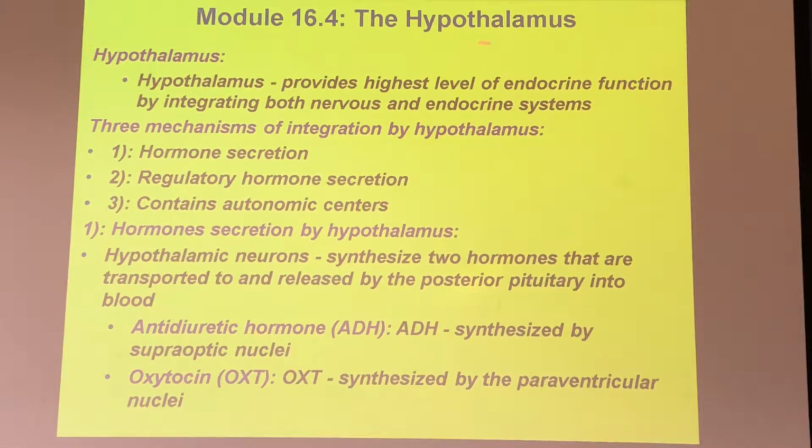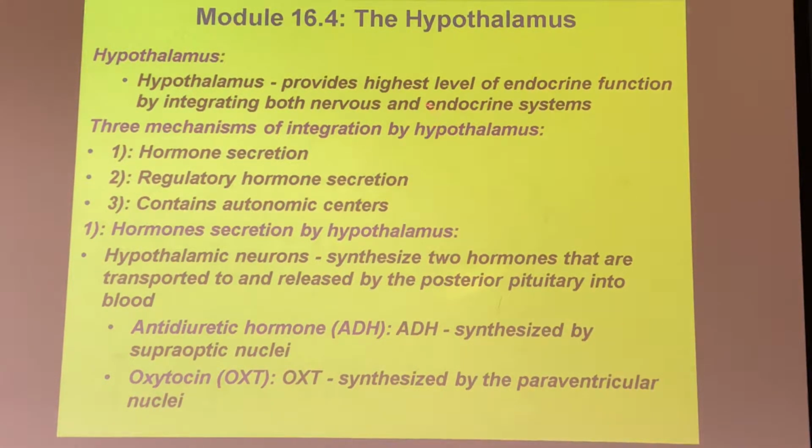Now we will take the endocrine organs one by one. Number one is the hypothalamus. This is a very high level of endocrine function because this is the starting point. It integrates both the nervous and endocrine systems because it's a part of the brain.